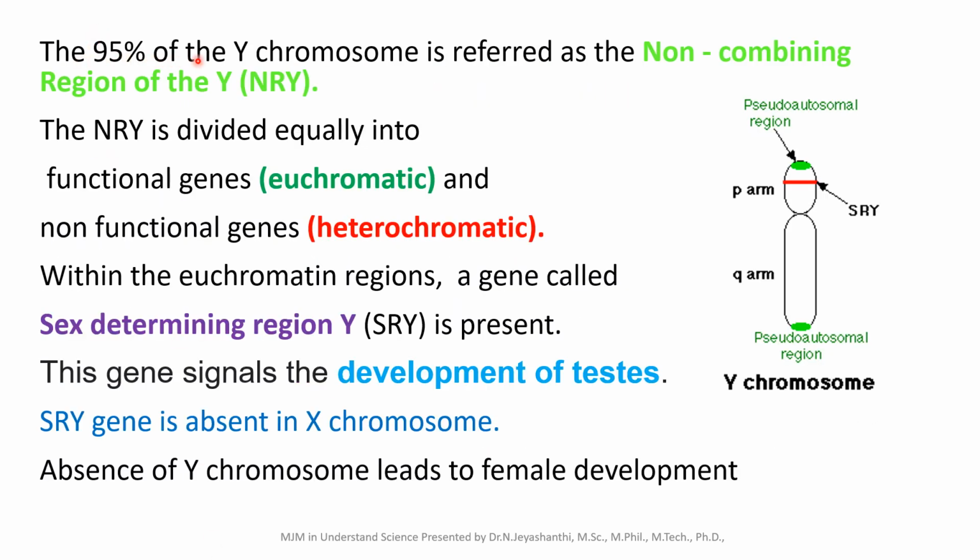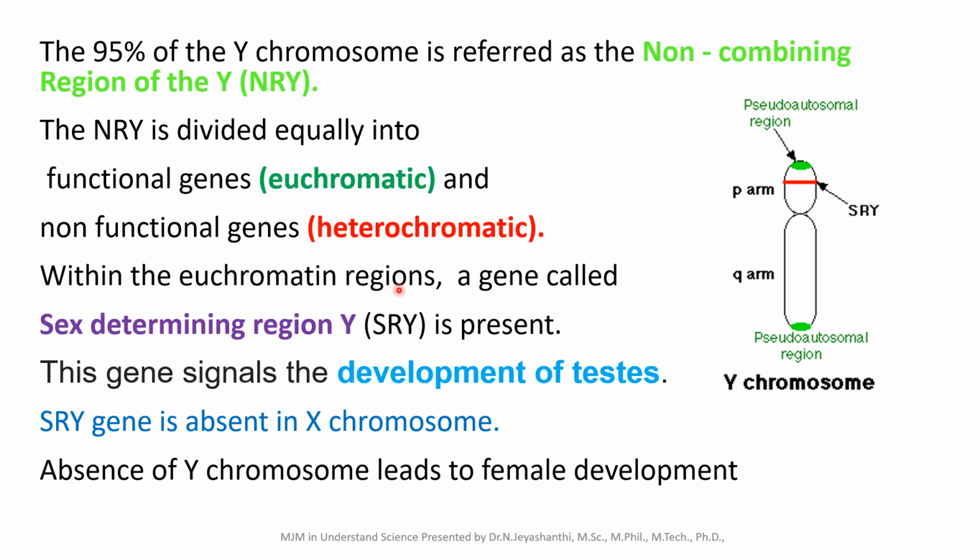The 95% of Y chromosome is referred to as the non-combining region of the Y, NRY, non-combining region of Y chromosome. This NRY is divided into two types. One is euchromatic, another one is heterochromatic. The euchromatic contains functional genes, heterochromatic contains non-functional regions.